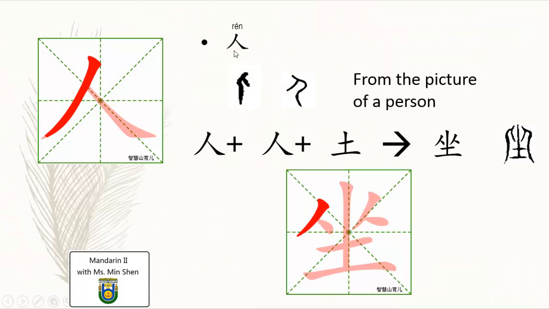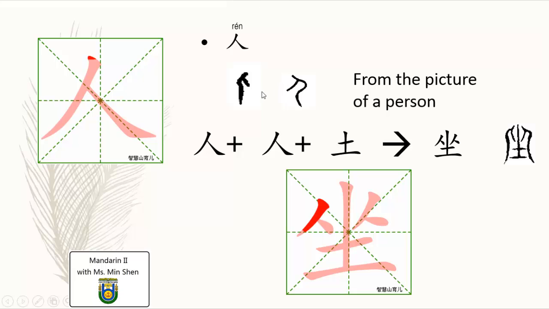人, right? This character is 人: people, person, human being. It's from the picture of a person, so you can see this is the body and the back and the arm of this person. In the later version, this is the body and the arm.